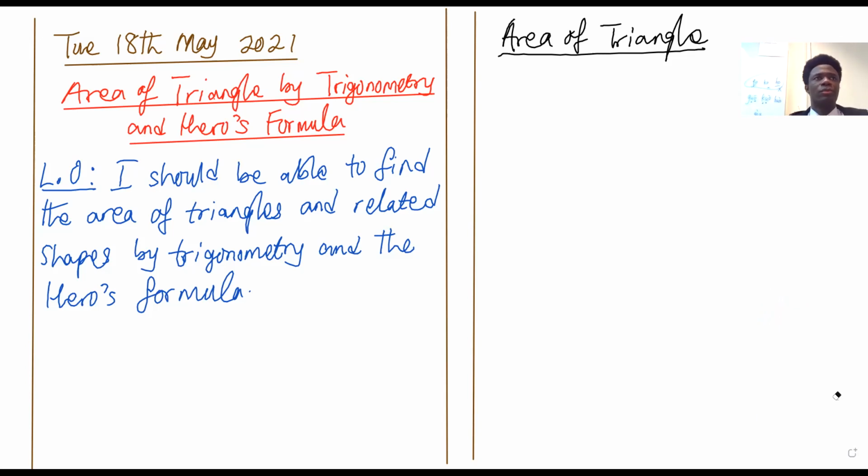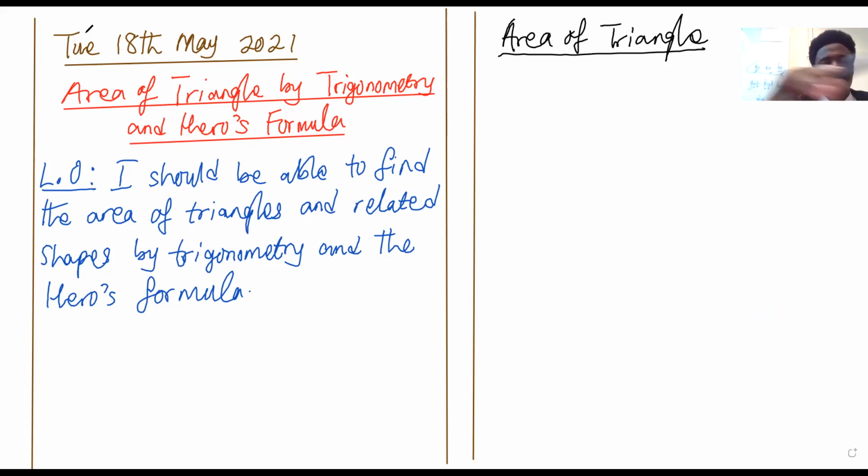This is the basic, normal approach to finding the area of a triangle. I use the word normal because that's something we know from primary school. Now that we are grown, we need to learn other ways. What if the base and height are not provided? Now that you have learned SOHCAHTOA, it is necessary to introduce how to find the area of a triangle by trigonometry. So that's what we're going to do.